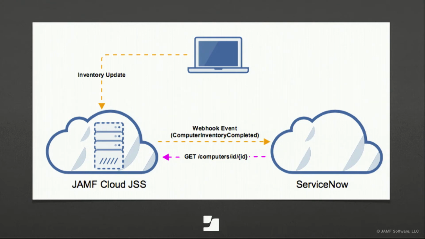Then the ServiceNow instance parses the JSON that we send over, picks out the ID, and does a simple GET back to the JSS and pulls back the detailed inventory information for just that specific computer, without the need for regular polling. It also gets you basically real-time data. Both systems are always in sync.